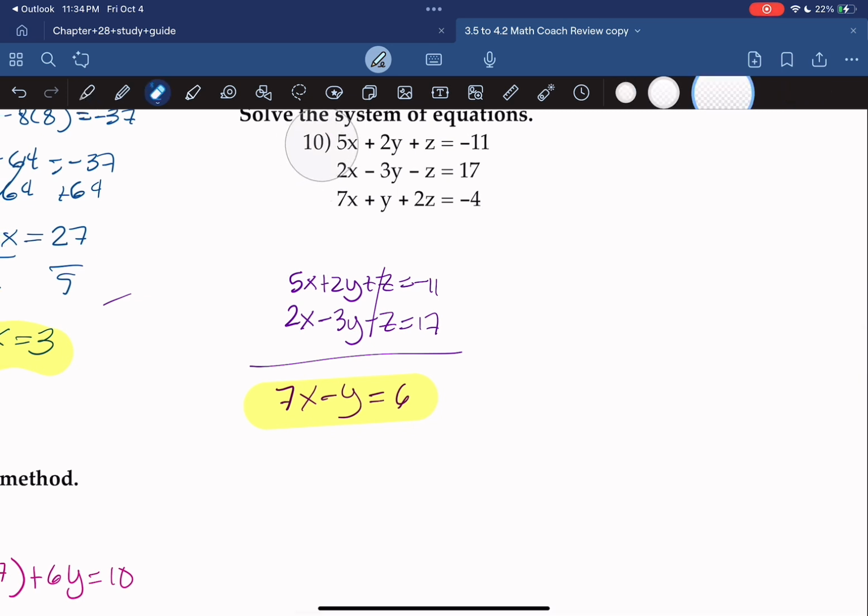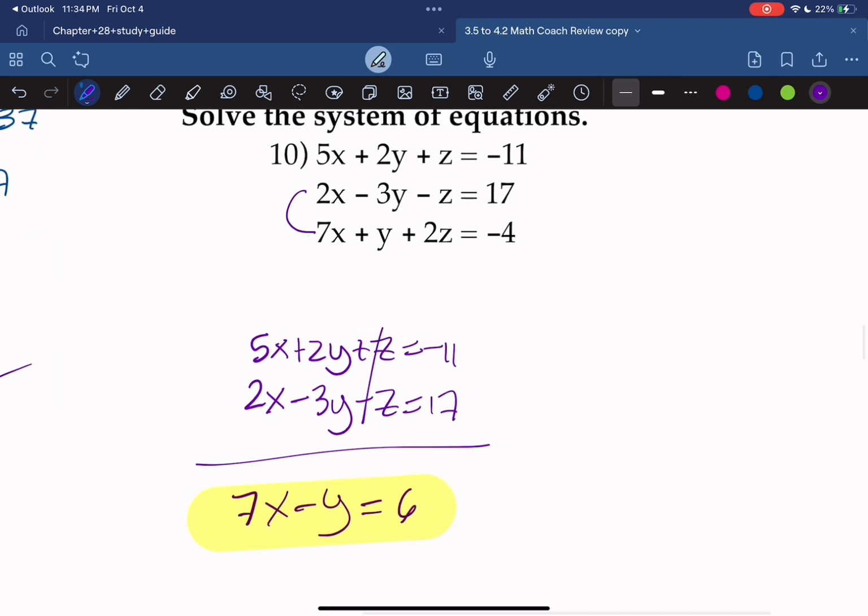What other 2 equations can we use to cancel them out? We can use these 2, because there's a 2z and a z, because we already took a z out from the first 2. So now let's do one with the other 2, so that we can have something to cancel out together to then find one of the other variables.